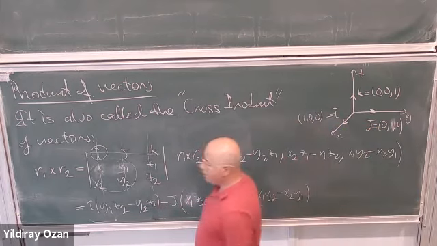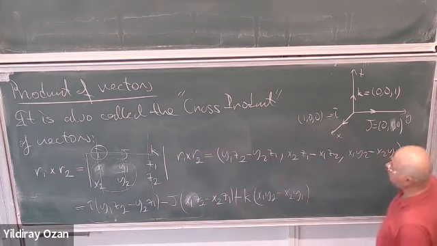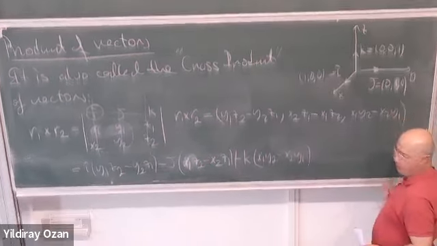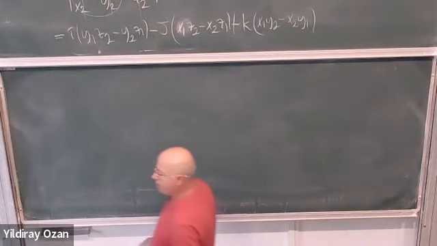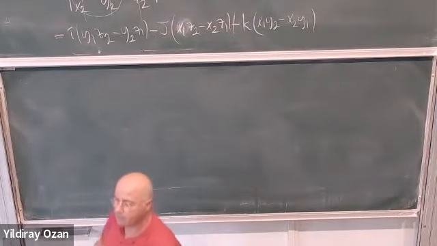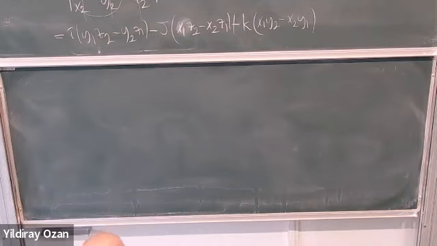And it has a geometric meaning also. What's the geometric meaning of the cross product? The vectors that are perpendicular to both, yes.